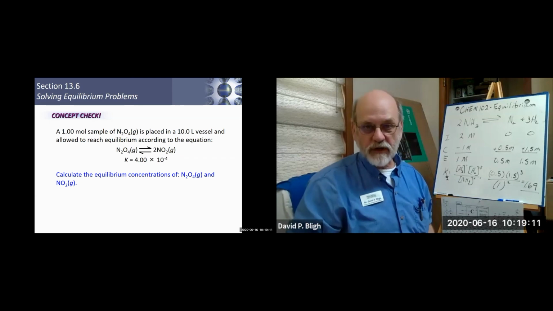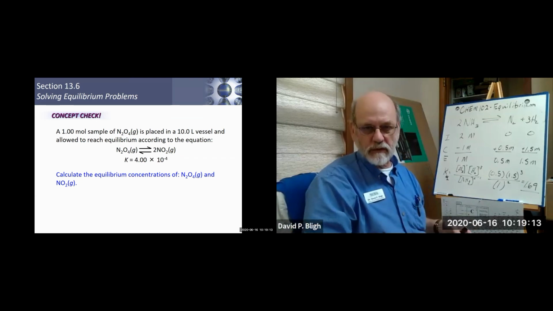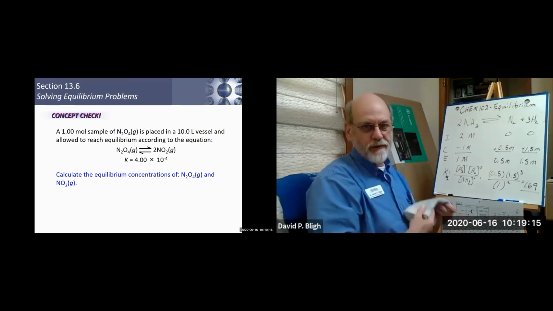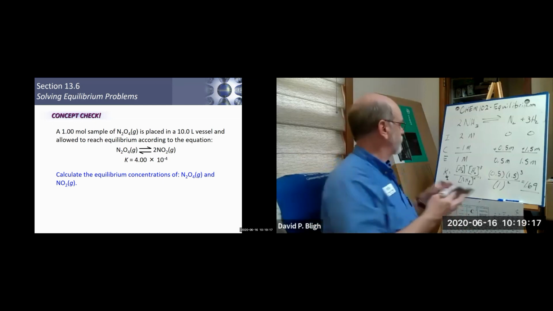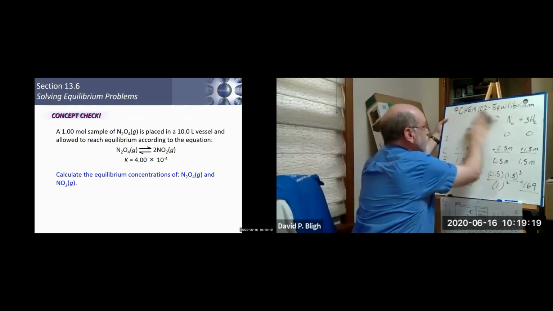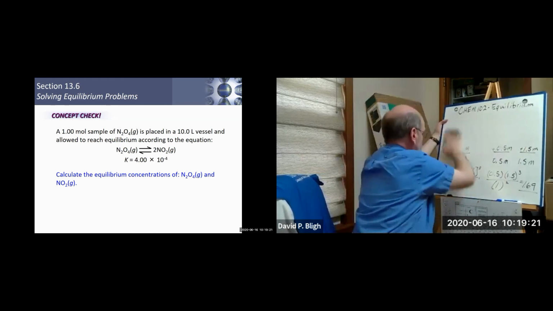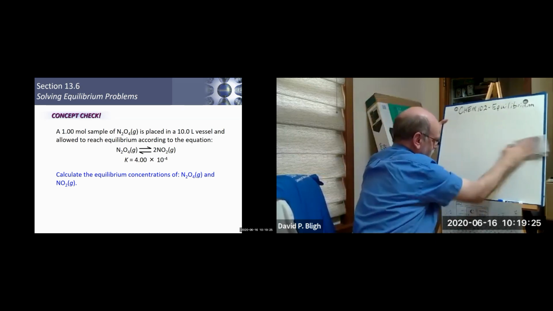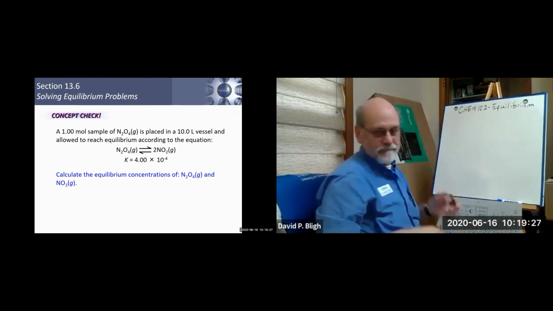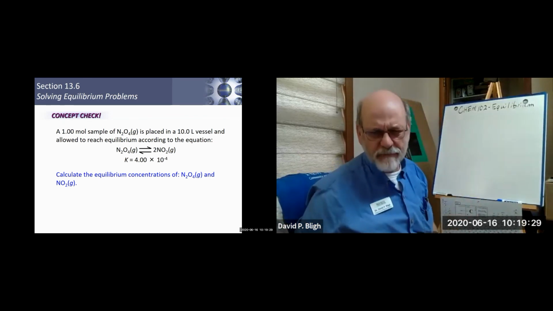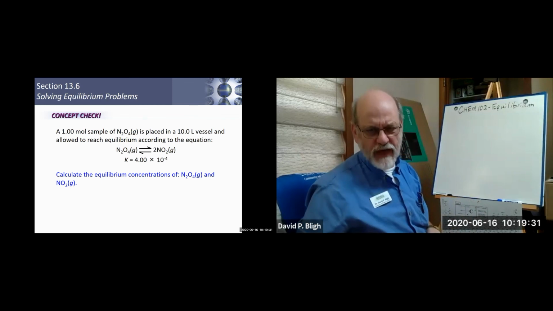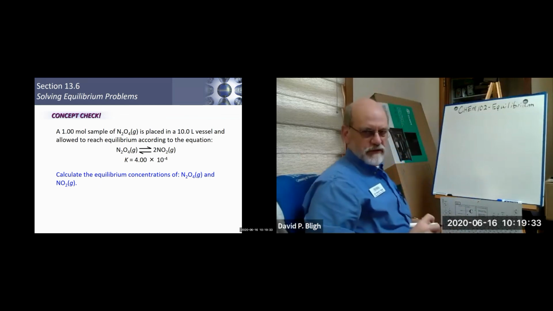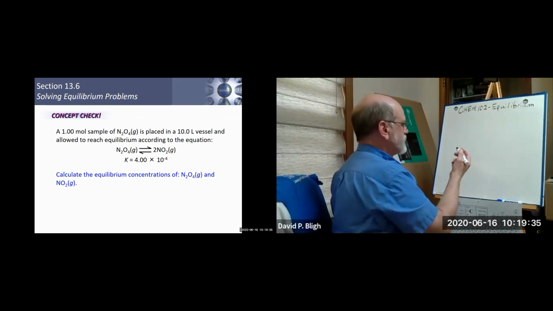Oh, we're gonna use a different one for the next one. All right. Well, in that case, I better erase this. Right. And in this case, we have dinitrogen tetroxide decomposes into nitrogen dioxide.